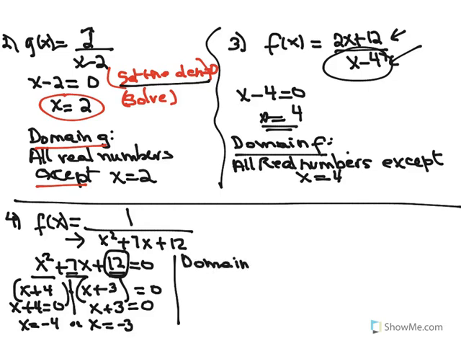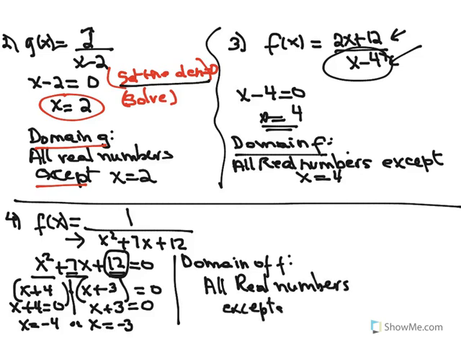The domain of f is all real numbers except the ones that were the solution for the equation I just solved. So x equals negative 4 and x equals negative 3.